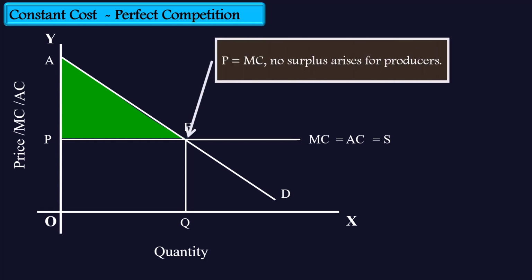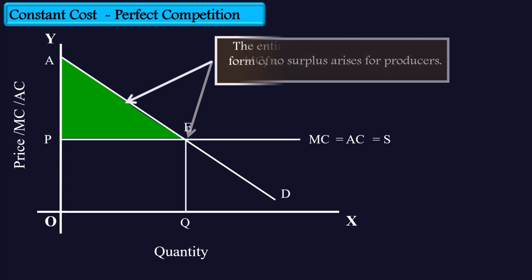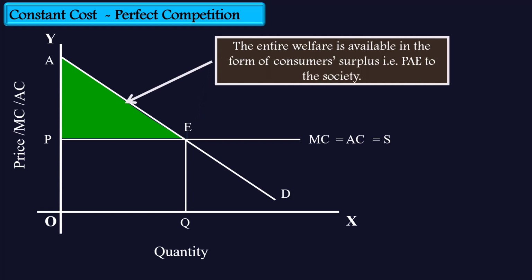Since price is equal to marginal cost, no surplus arises for producers. The entire welfare is available in the form of consumers' surplus, that is PAE, to the society.